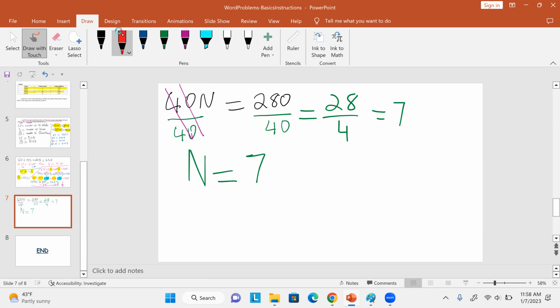Why 28? Because we can cancel out a 0 from the top and the bottom, and we have 28 over 4, which is 7. Now we know n is 7.